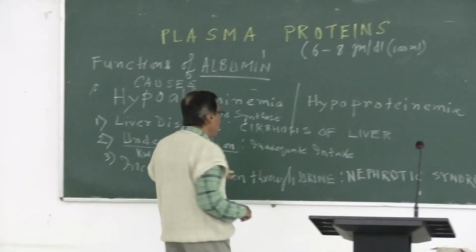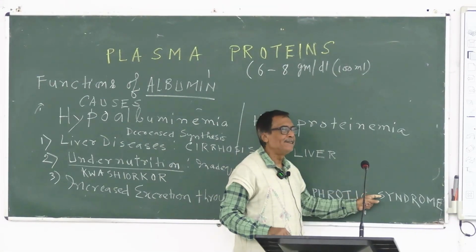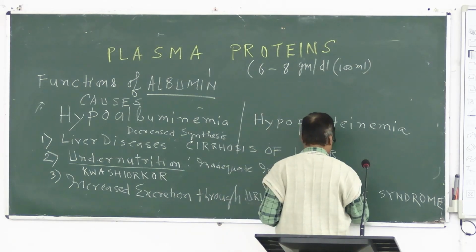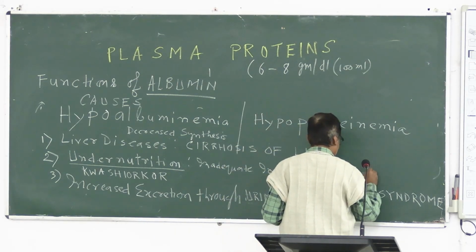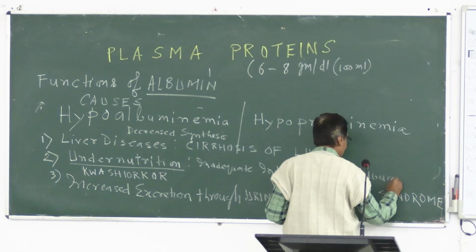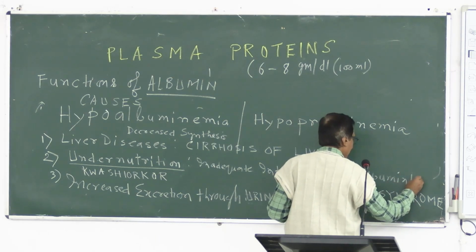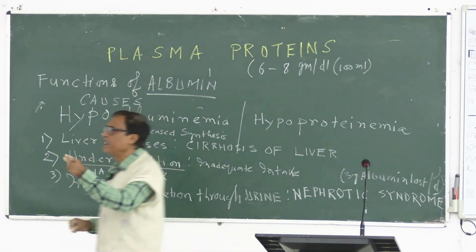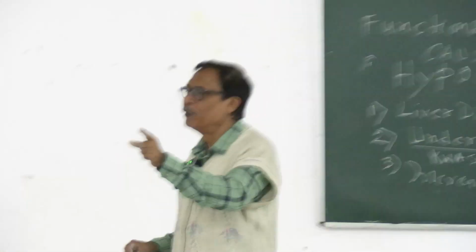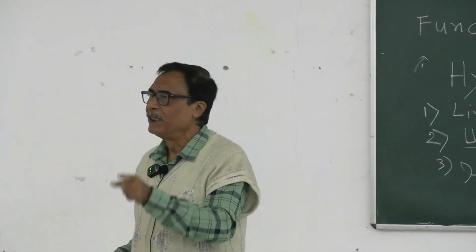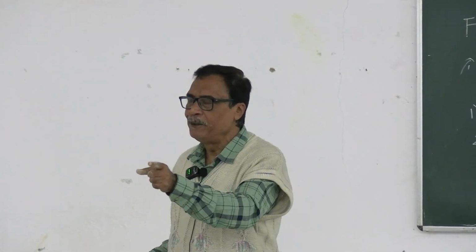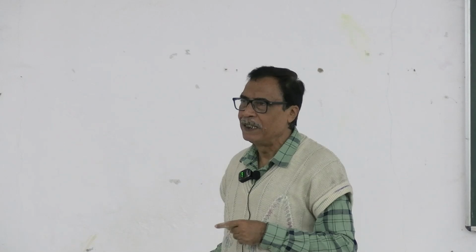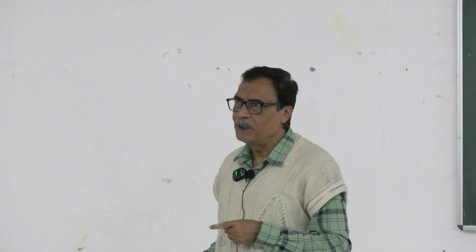In increased excretion through urine, one disease is nephrotic syndrome, where 3 gram of albumin is lost per day, at least 3 gram, not less. When at least 3 gram or more of albumin passes through the urine per day, it is called nephrotic syndrome.